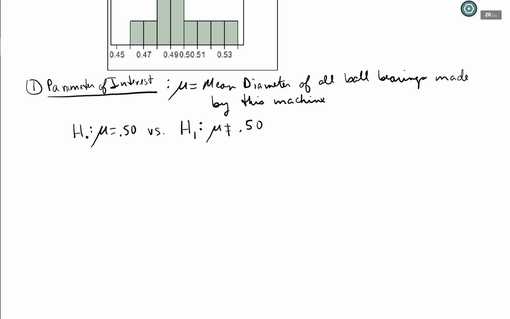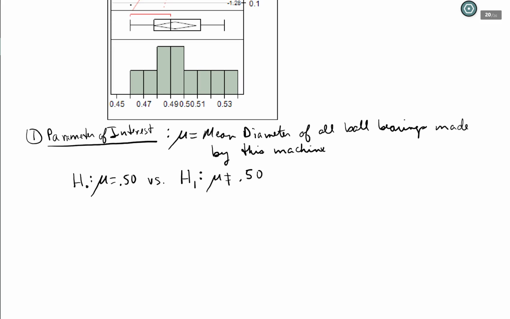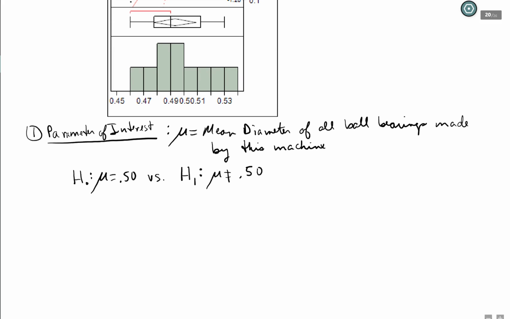In the context of this problem, in the manufacturing of these ball bearings, if there was strong evidence to reject the null and accept the alternative, that might be indicative of quality control having some problems, and a lot of ball bearings being put out there that aren't really close enough to 1/2 inch to be usable in the way they were intended to.